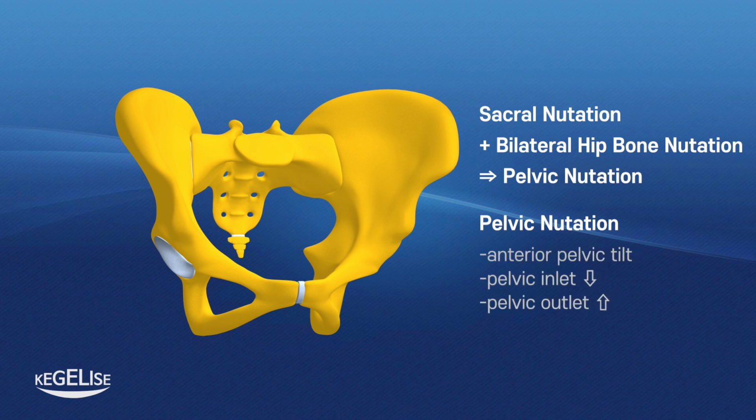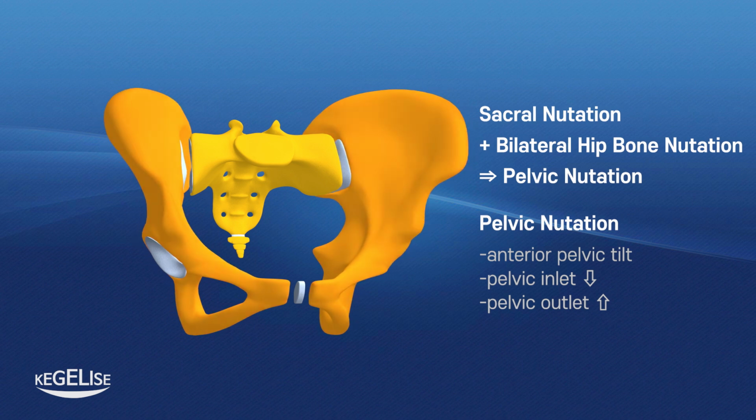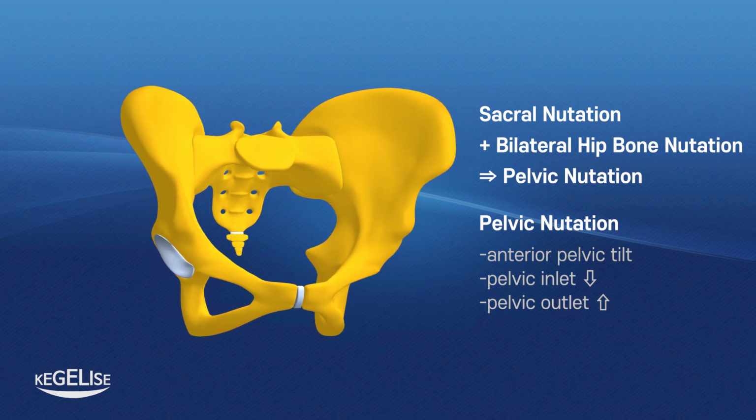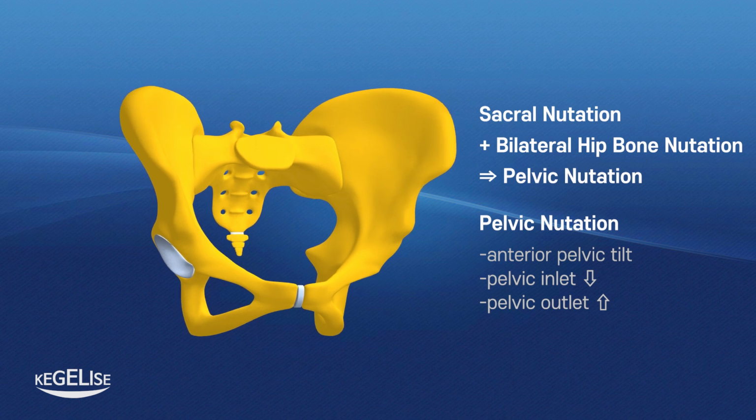When the sacrum and both hip bones are nutated, the pelvis is nutated. During pelvic nutation, the diameter of the pelvic inlet decreases and the diameter of the pelvic outlet increases as the pelvis tilts forward.